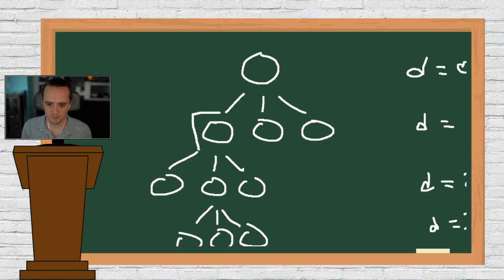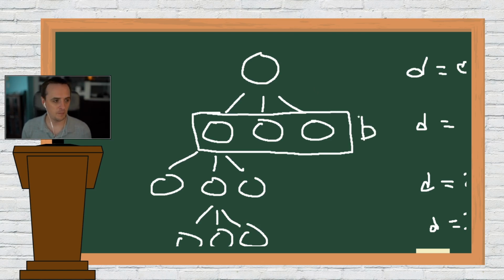This here, the average number of nodes generated is B. This is the branching factor. So it's called B because it's the branching factor. And if we look at the tree, then the width of the tree is the branch, right? We talk about trees and branches.